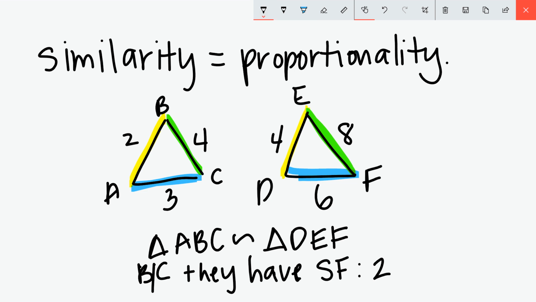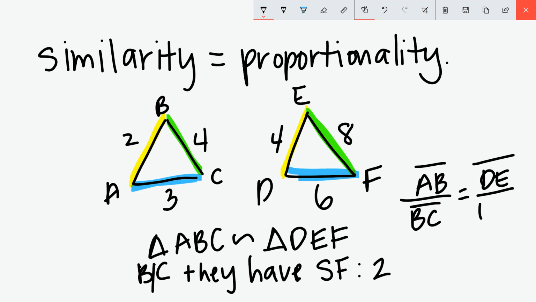When we start to get into our proportionality part for the unit, remember we talked about setting up proportions. Like, for example, I know AB over BC is the same thing as if I said DE over EF.